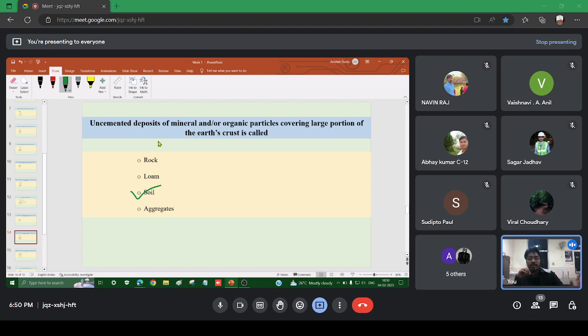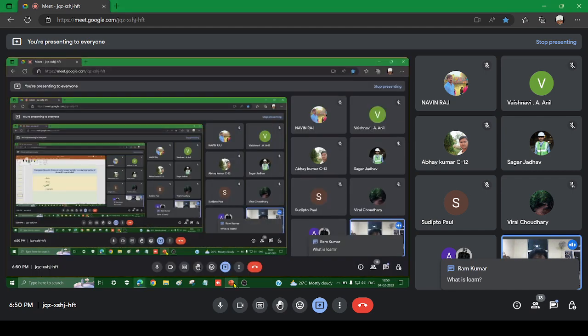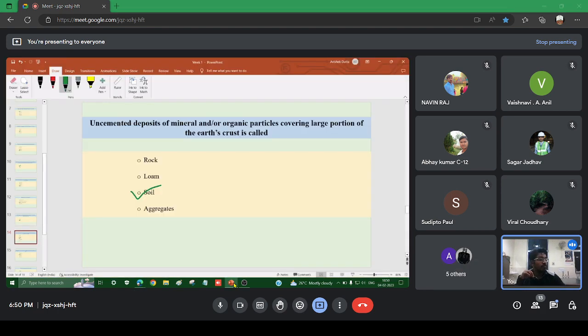Because rock is just an aggregate of minerals, loam is a kind of soil, and aggregates are those which are used in construction purposes after they are taken from the geomaterials. Yes, who is it? What is loam? Okay, loam is a type of soil.